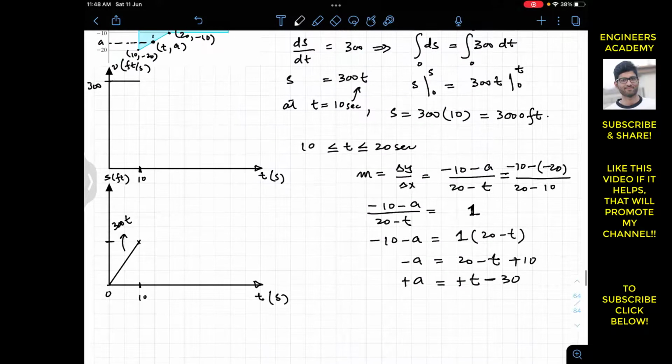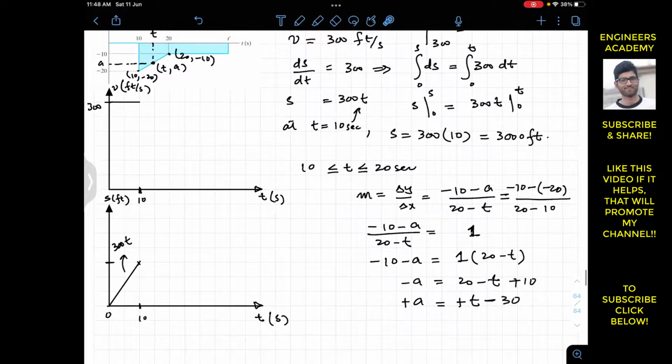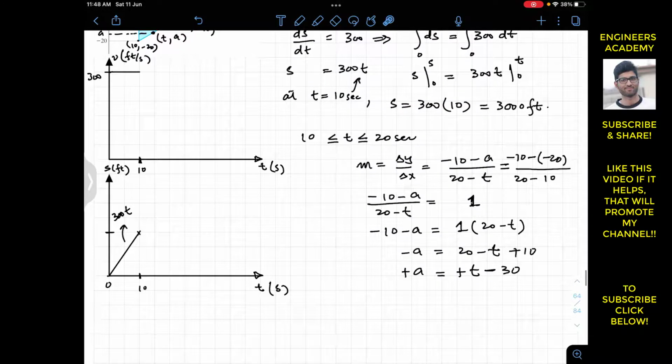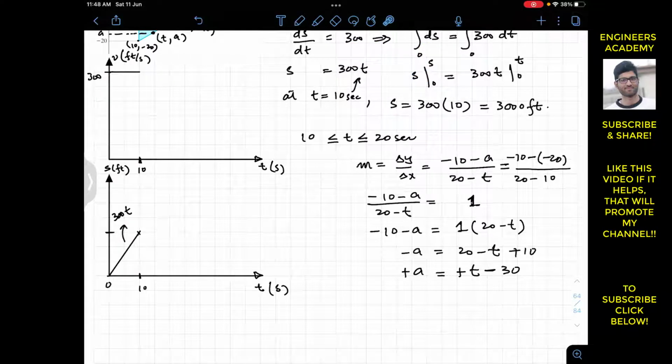So now this is the equation of this line, which represents the deceleration, and this is a equals t minus 30. Now we can verify this equation if you want to find out whether the straight line equation we determined is accurate or not, right?